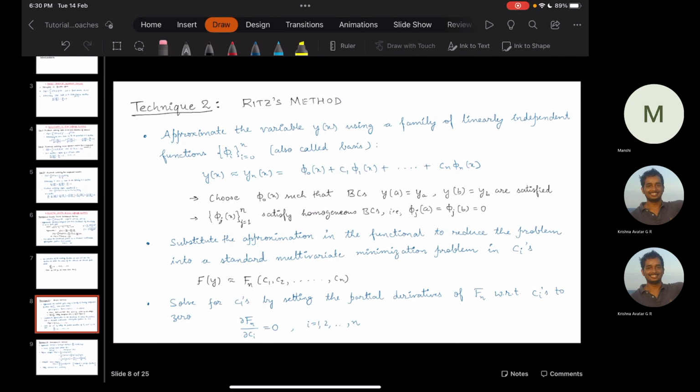Now we have a variable y of x and we want to approximate it in this set of independent functions phi i's. So y of x is approximately equal to y_n of x, which we express as phi naught of x plus c1 phi 1 of x plus, and so on, up to cn phi n of x.